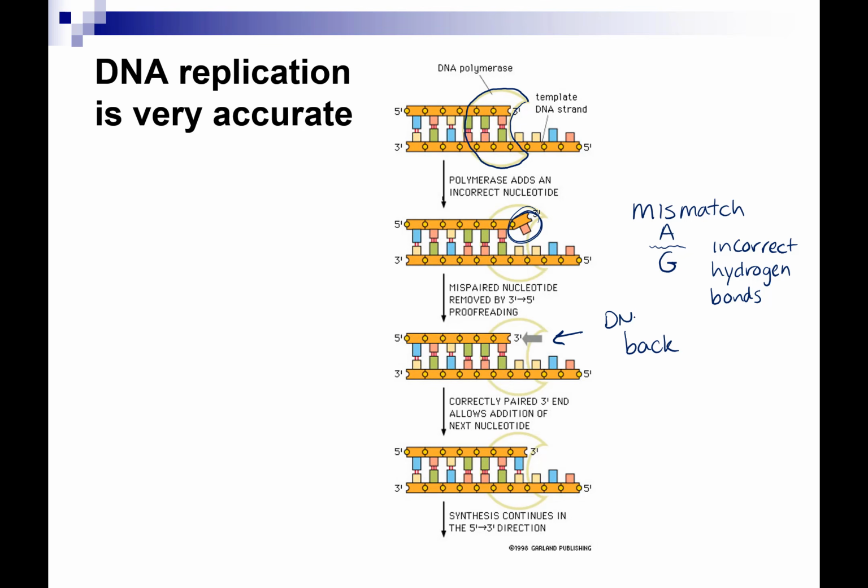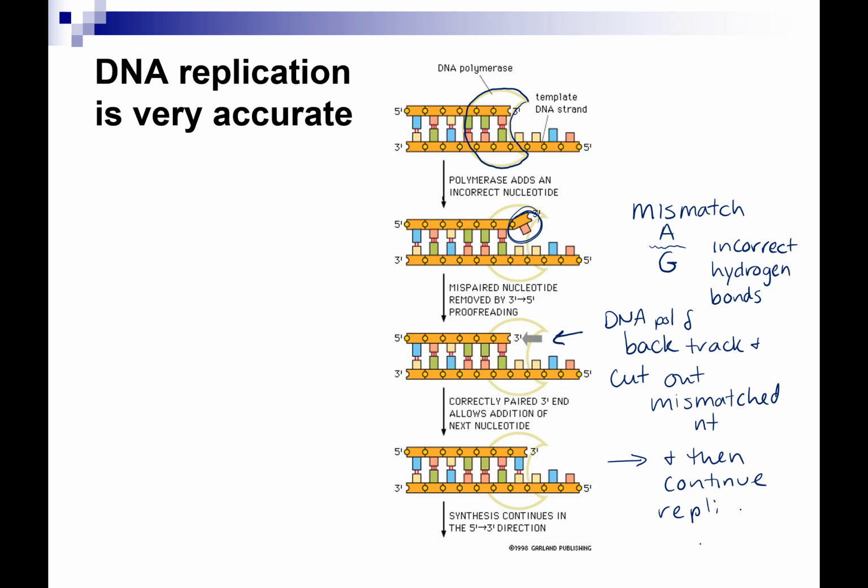So DNA polymerase delta will backtrack and cut out, so break the phosphodiester bond, do hydrolysis, the mismatched nucleotide, and then continue on.